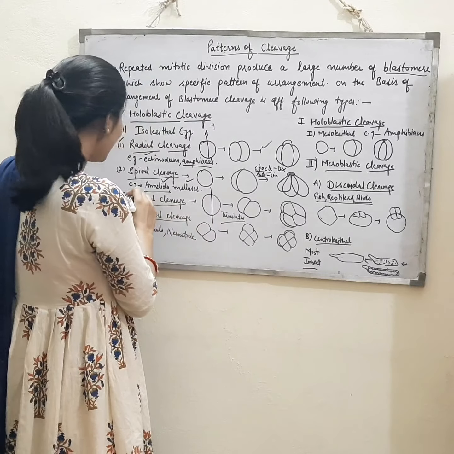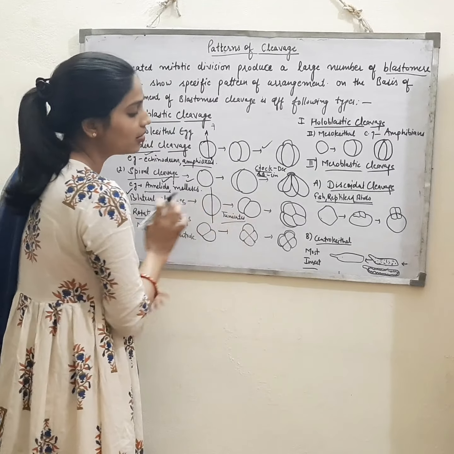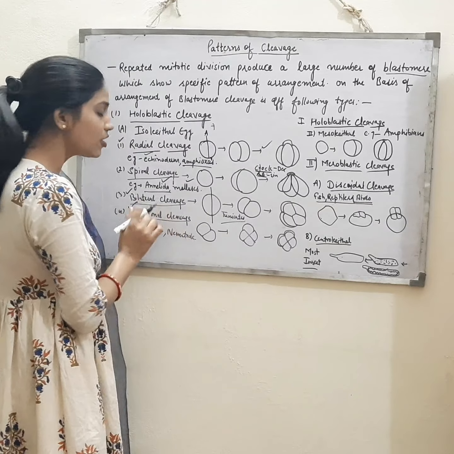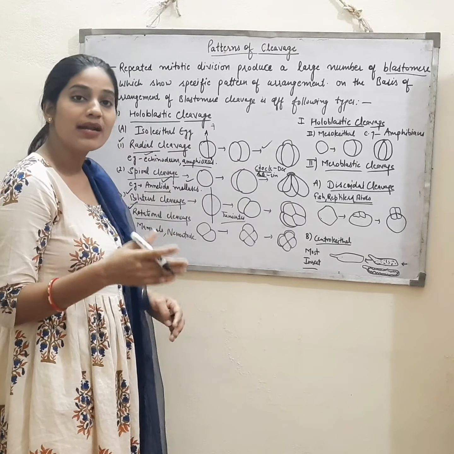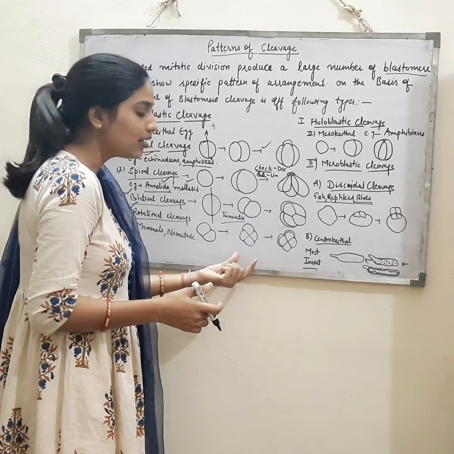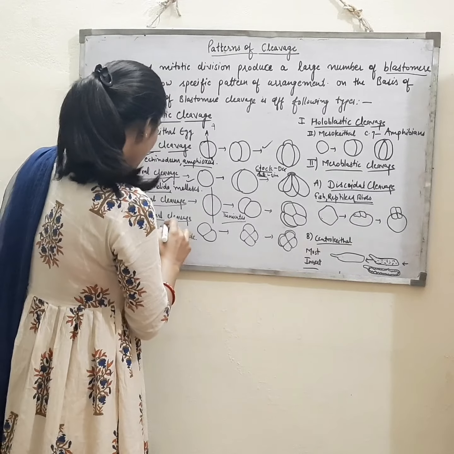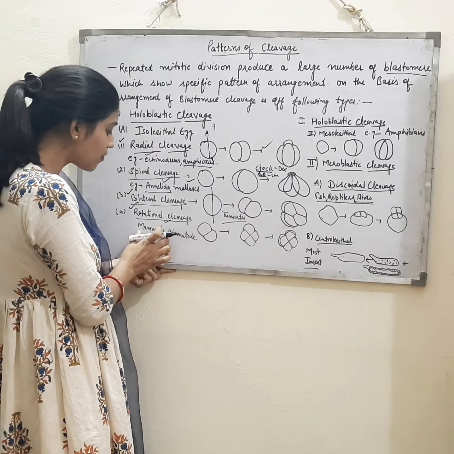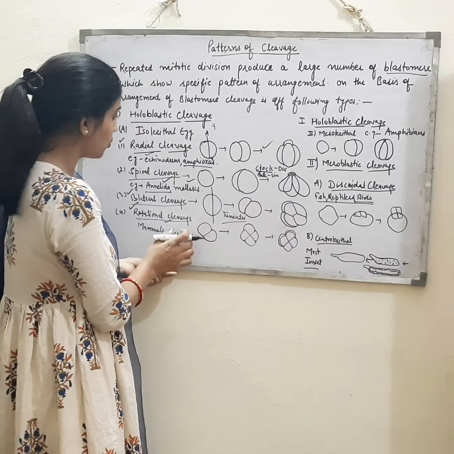This is known as bilateral cleavage, and it is found in the tunicates. Rotational cleavage: in rotational cleavage, the cleavage pattern is random. So any type of cleavage pattern is obtained, and this rotational type of cleavage is found in the mammals and the nematodes.